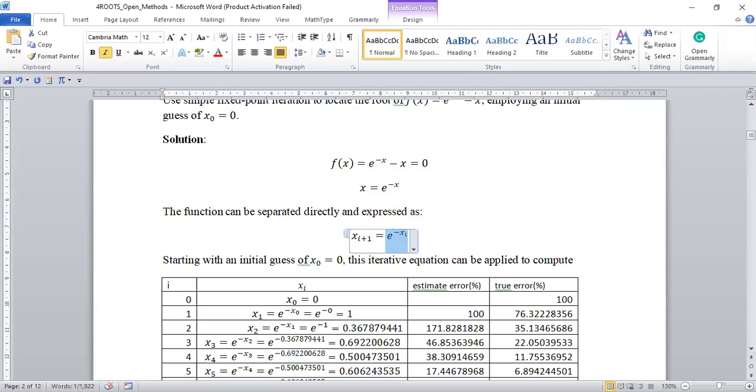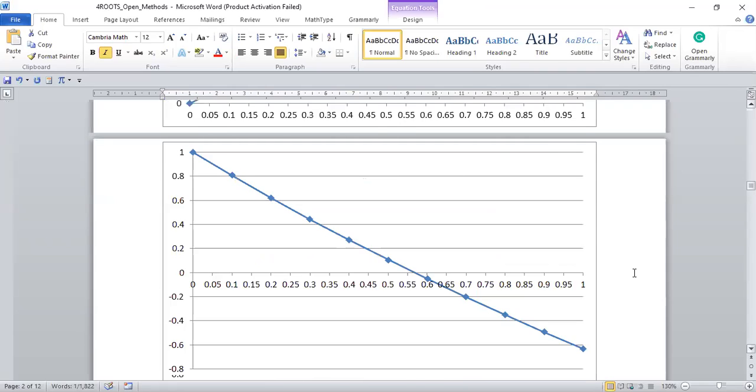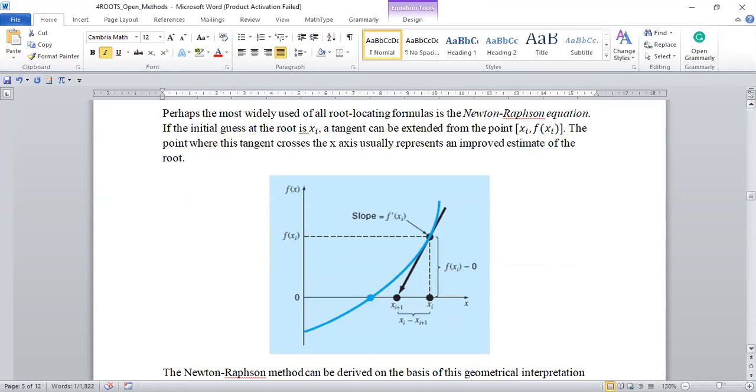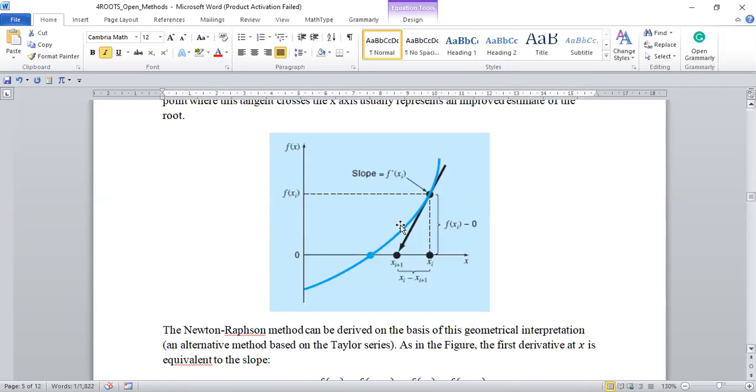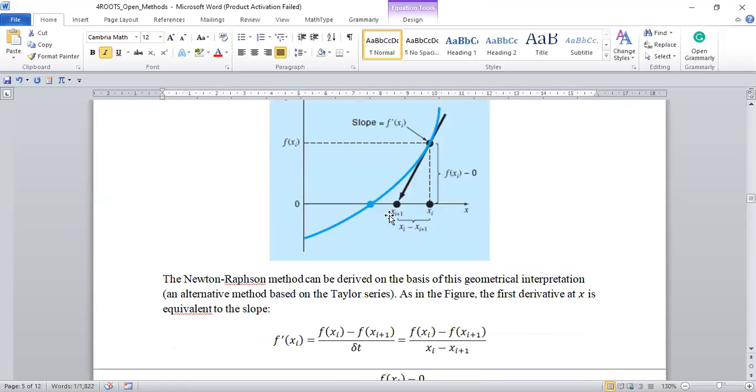In the Newton-Raphson method, the next value of the root, you are going to specify it by this approximation.